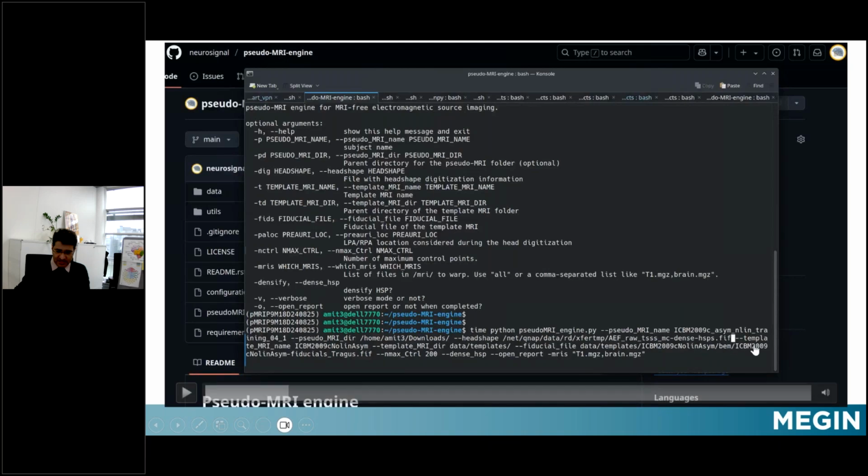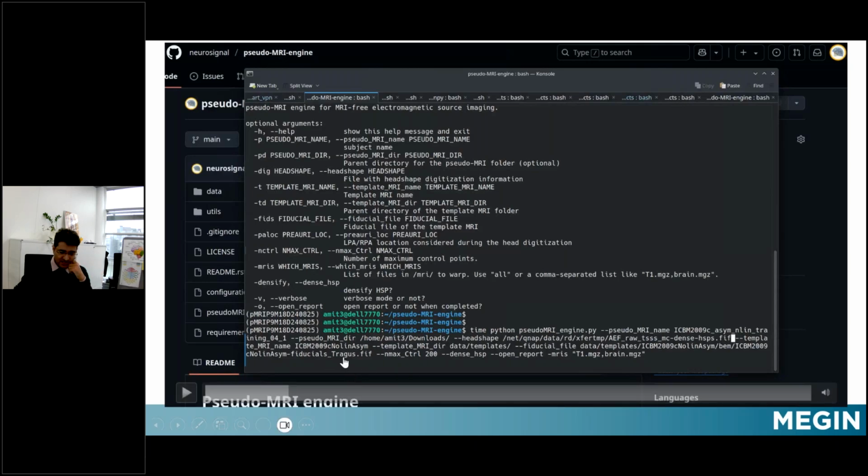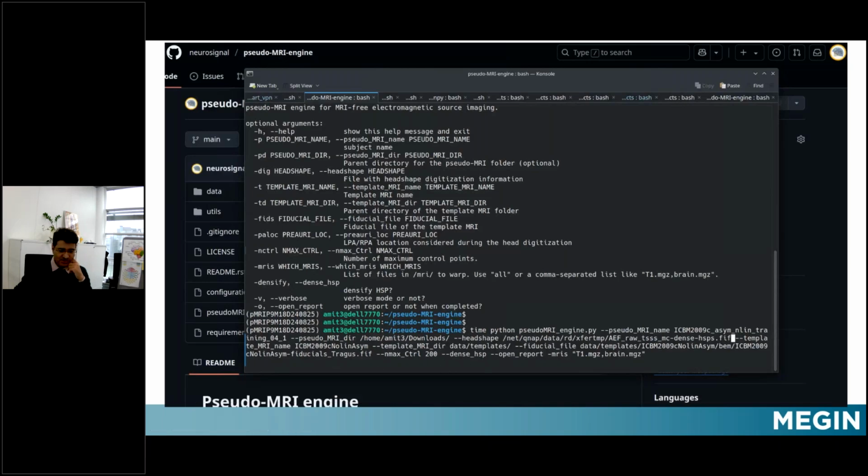So that's why I'm using Tragus here. There are three different fiducial files stored. If while MEG digitization you digitized LPA and RPA at the Tragus, you should use the underscore Tragus.fif file. If you have used the inter-tragus notch or the crus of the helix, you can use those instead.